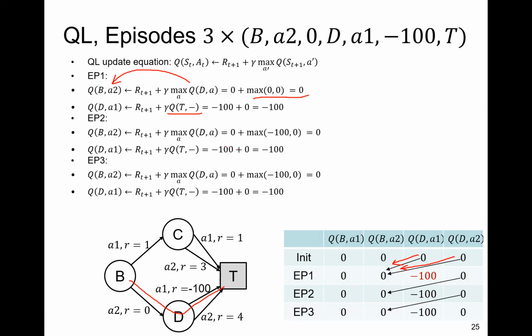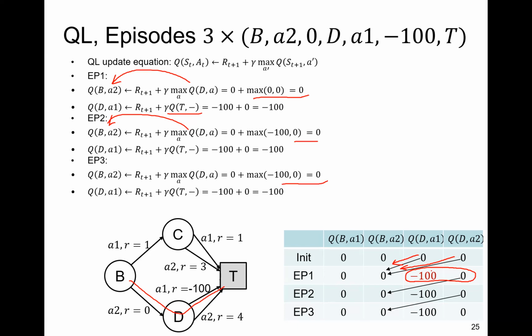So for episode 2, you're bootstrapping this QBA2 from the max over A of QDA. So you're taking the max of minus 100 and 0, and you're updating QBA2 to 0. In the third episode, it's still 0.